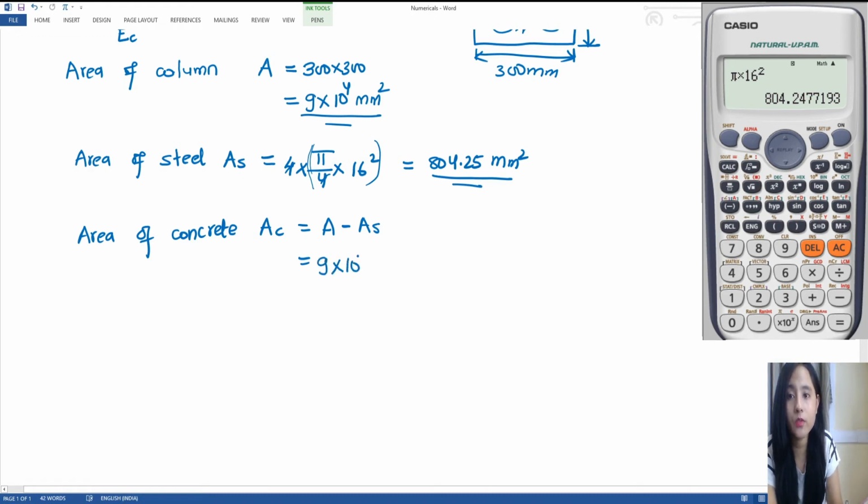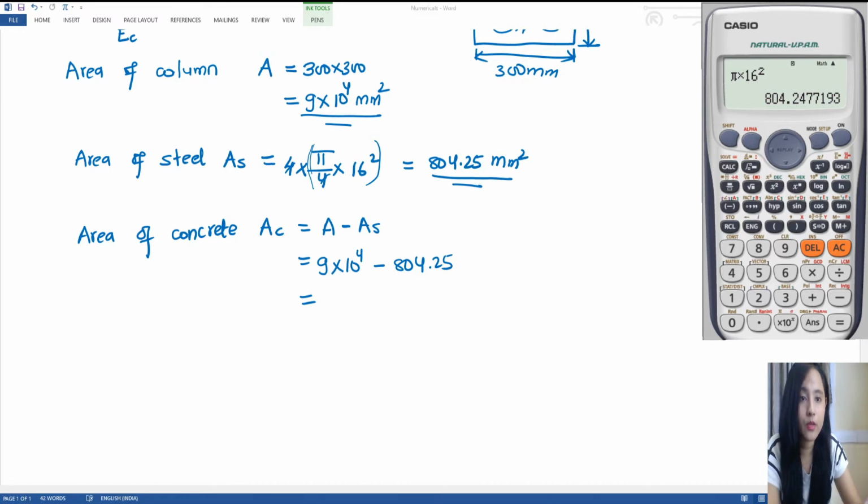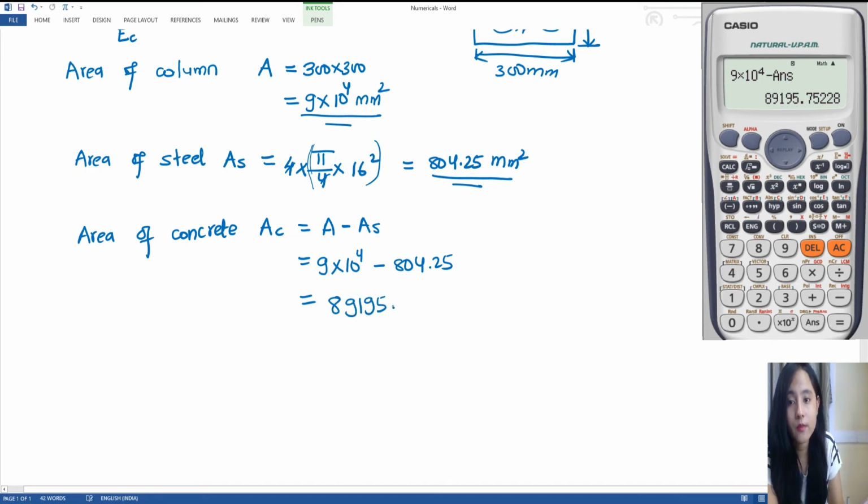Total area of column was 9 into 10 raised to power 4 minus 804.25, which comes to 89,195.75 mm square. This is the area of concrete.